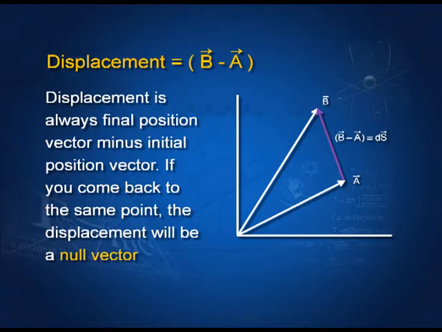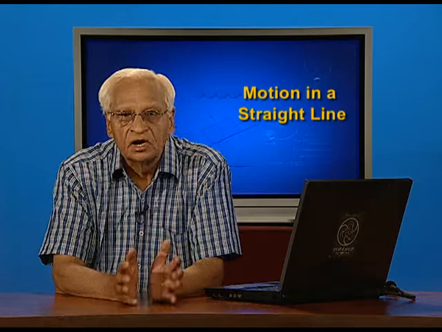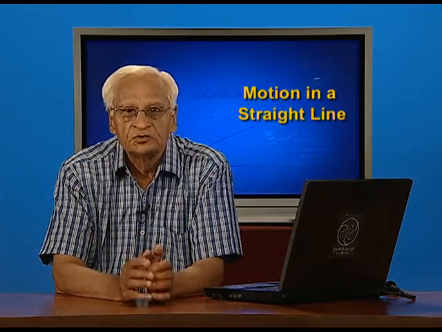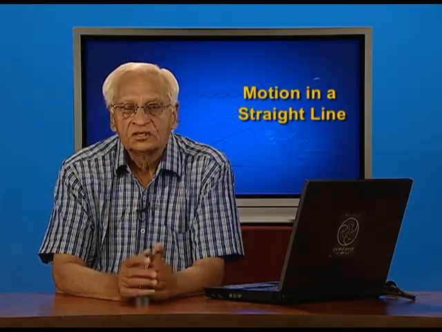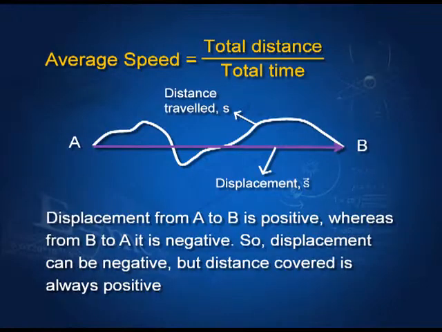show by small s. You know already that average speed is defined as the total distance covered divided by the total time taken. Now, the distance covered would depend upon the path taken as shown in this diagram.